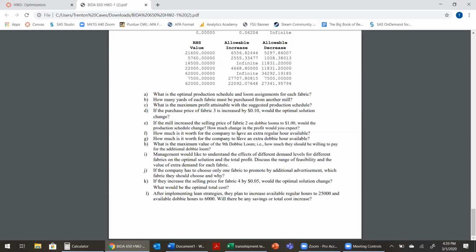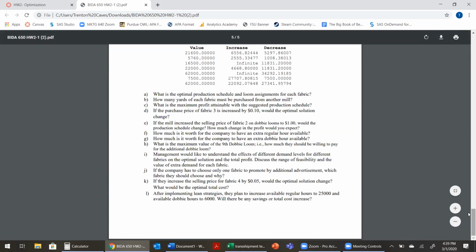We currently have 21,600 hours of regular available. We want to increase to 25,000. That's a 3,400 increase. That's within our range of feasibility.